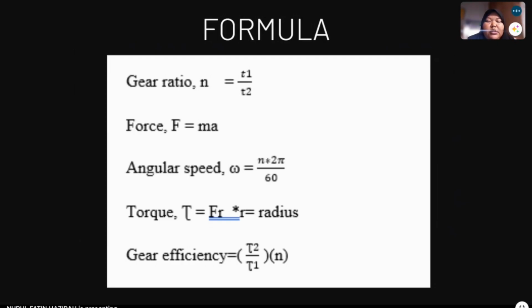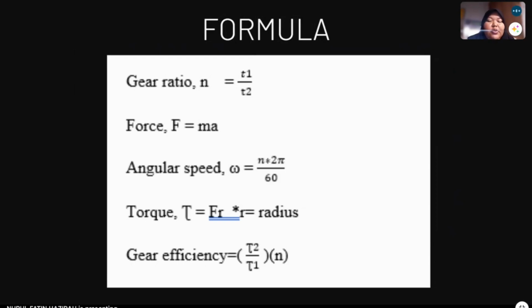And next is angular speed. Omega equals gear ratio multiplied with 2 pi per 60 seconds. Next, we will calculate the torque. Torque equals the force multiplied with radius.